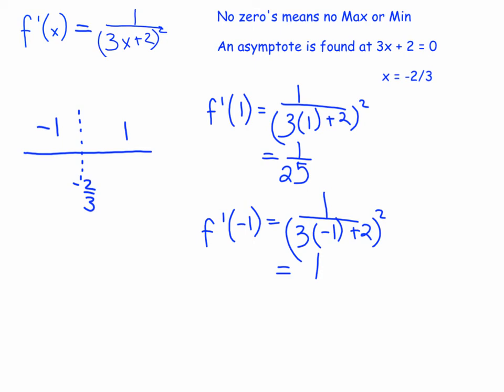When I substitute 1 in, it's positive, so that means it's increasing on the right, from -2/3 to infinity. And when I substitute -1, I get 1 as well, so the graph is increasing on the left as well. And I have an asymptote at -2/3.